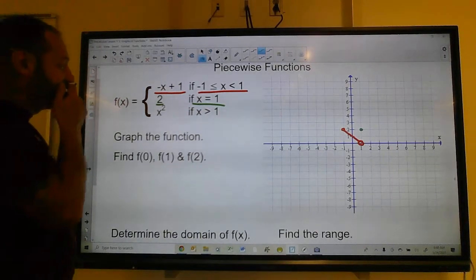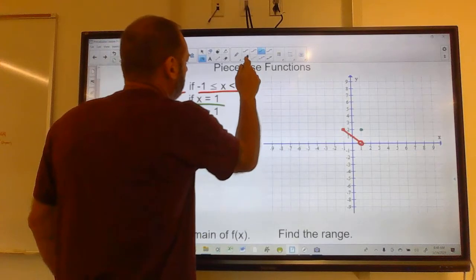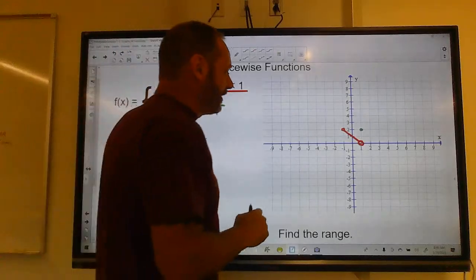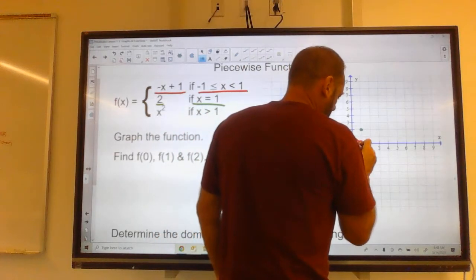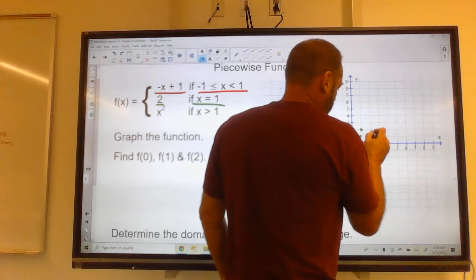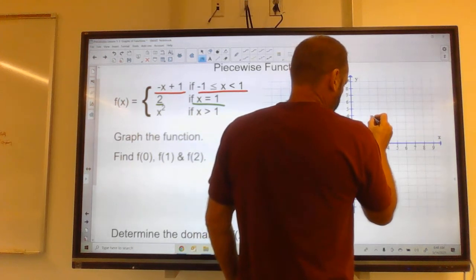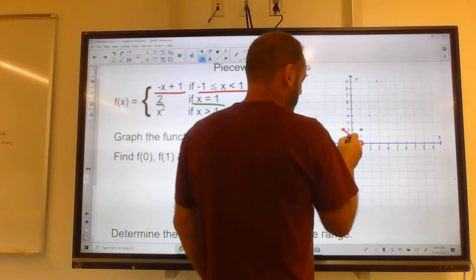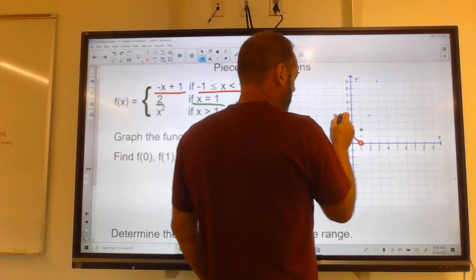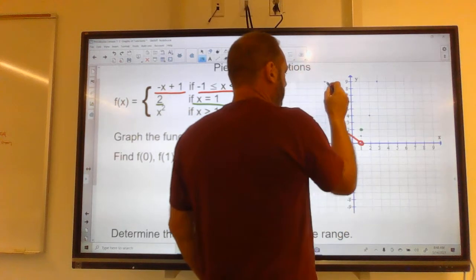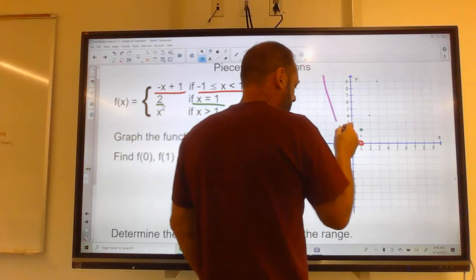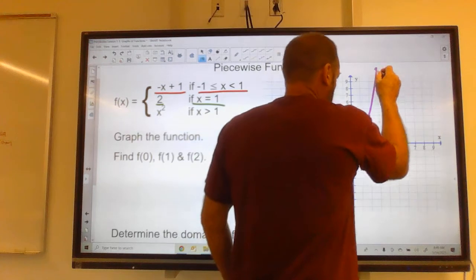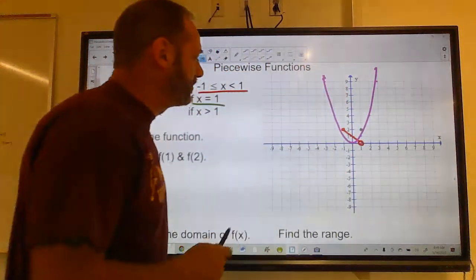Then it's x squared if x is bigger than 1. So what does x squared look like? X squared is just a parabola, okay? So 0 squared is 0, 1 squared is 1, 2 squared is 4, 3 squared is 9, -1 squared is 1, -2 squared is 4, -3 squared is 9. So this parabola looks like this. I kind of missed there on that side, but you get it.